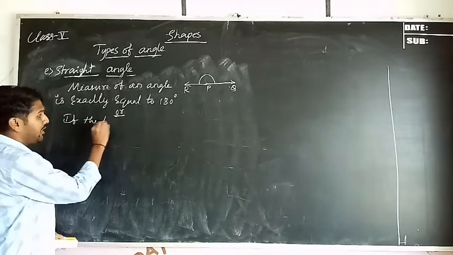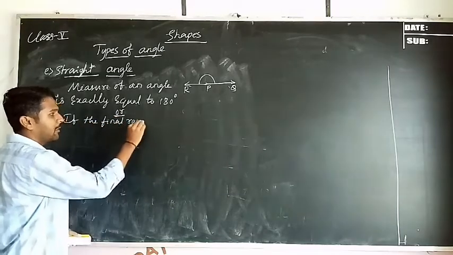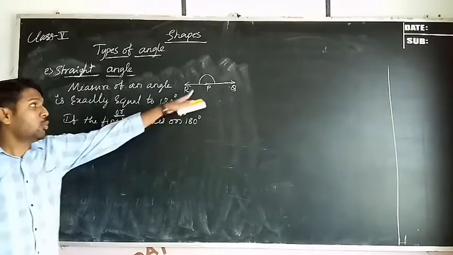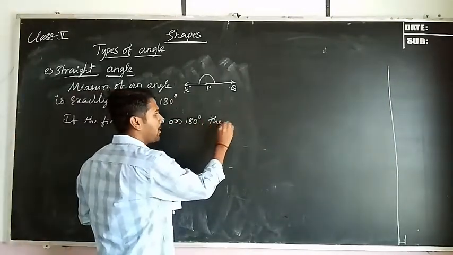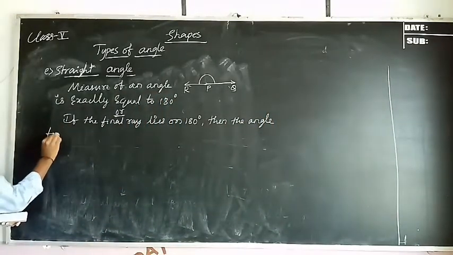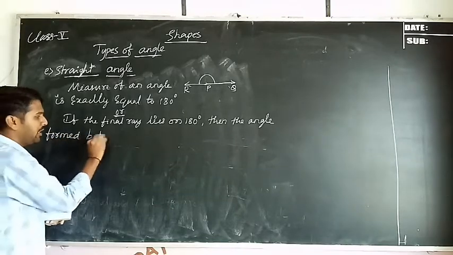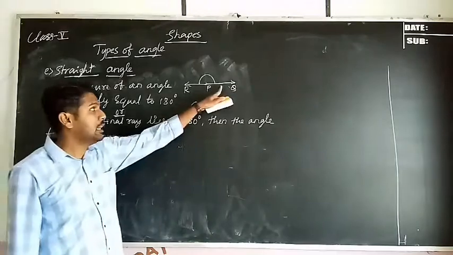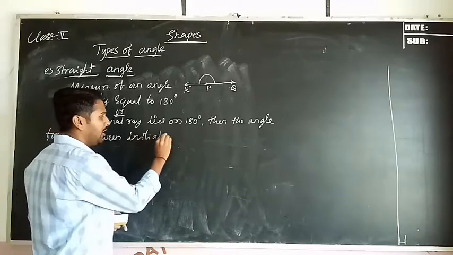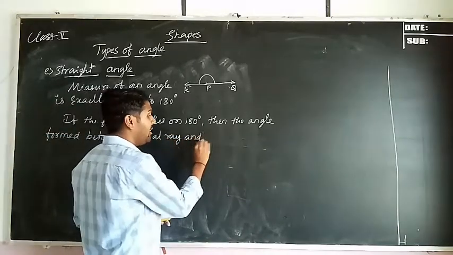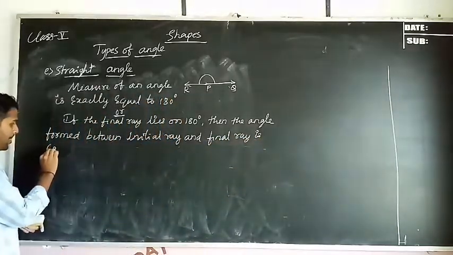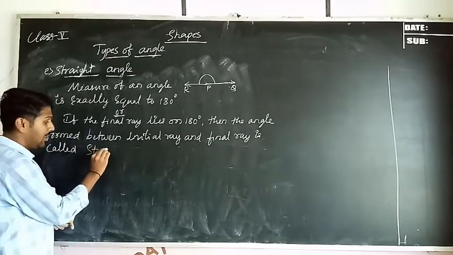Another definition: if the final ray lies on 180 degree, then the angle formed between initial ray and final ray is called a straight angle.